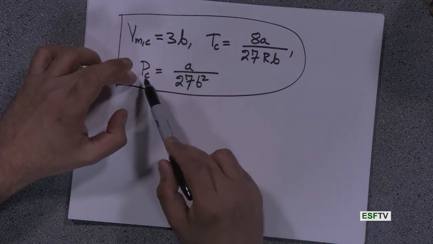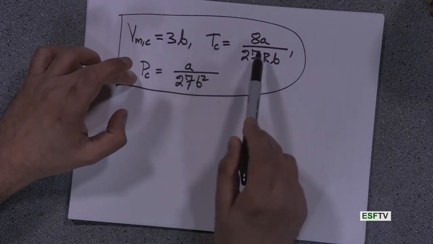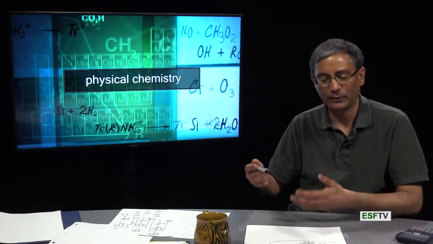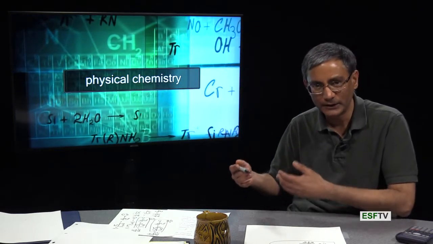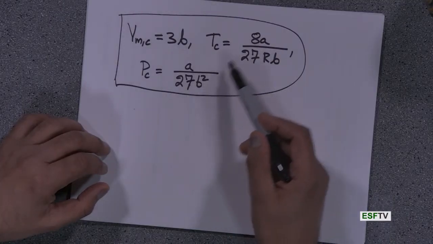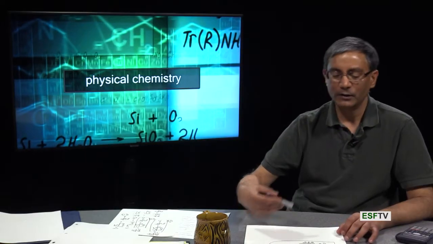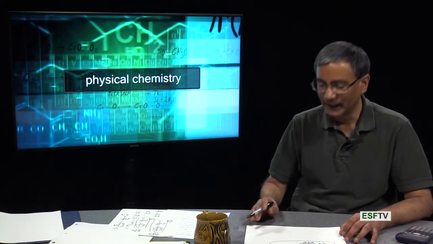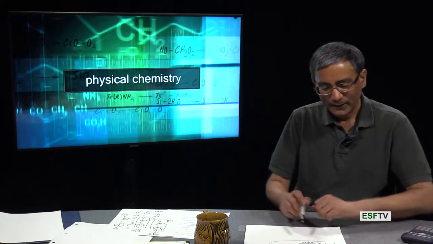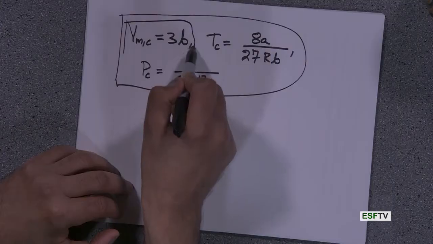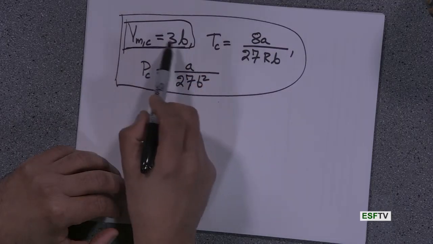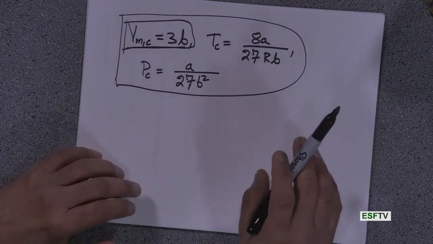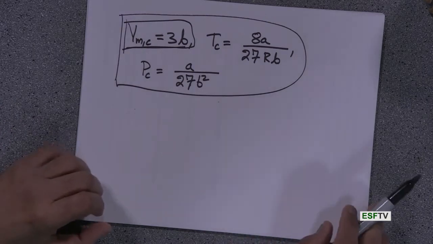Or if we know the critical pressure and critical temperature, we can calculate little a and little b, put them in a table, store them in our toolbox, and if we want to know how nitrogen behaves under a completely different set of circumstances, we can use that pair of values for little a and little b for the new temperature and pressure to calculate, say, the molar volume, and so on and so forth. This is interesting. It tells us that the critical molar volume is closely related to the close-packed volume, the smallest volume into which a mole of particles can be compressed.